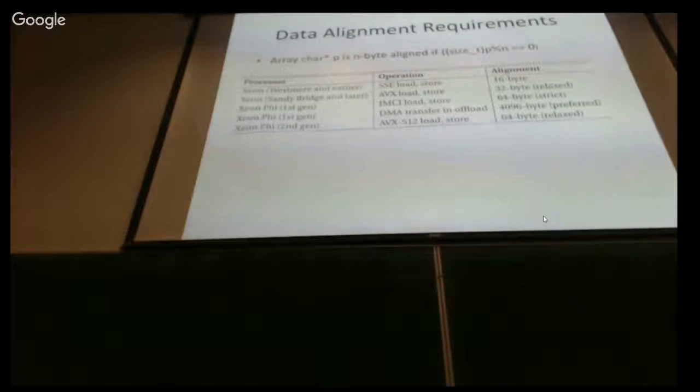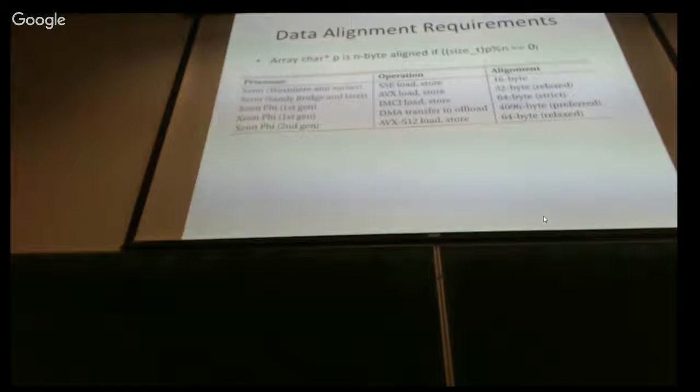Data alignment requirements. For Intel Xeon Phi 2nd generation, which is the last line there, you need to make sure that your data structure, your array, is 64-byte aligned to a cache boundary. Your cache lines on the KNL are 64 bytes wide, and you need to make sure that your data structures are properly aligned to those boundaries.